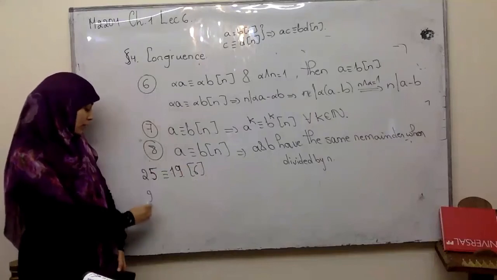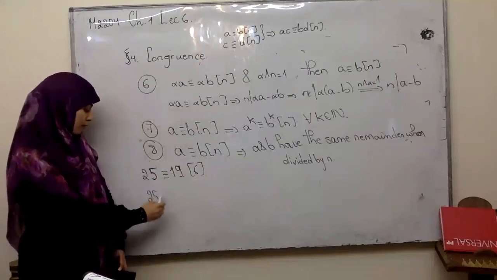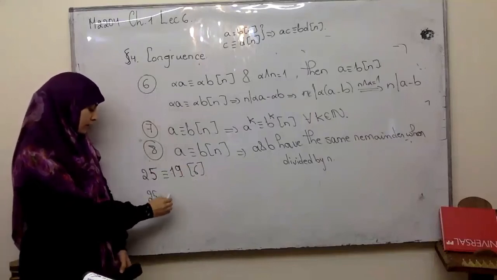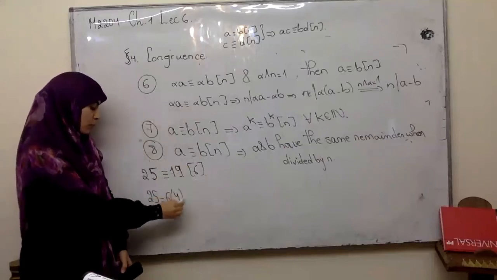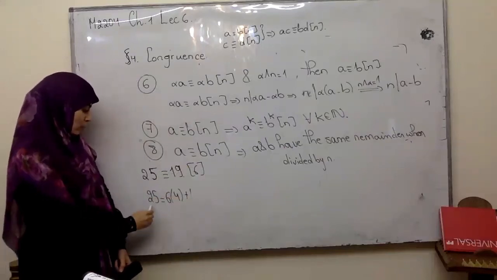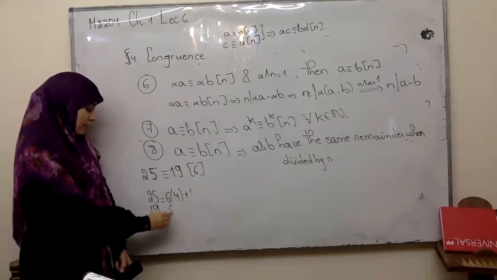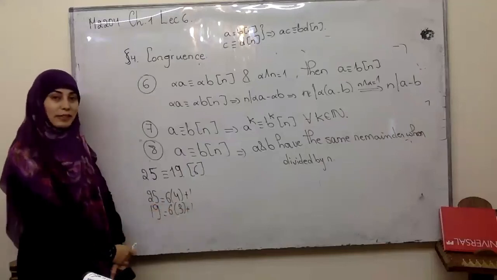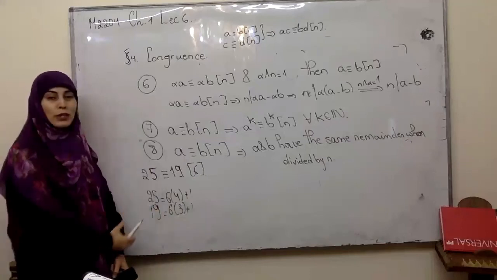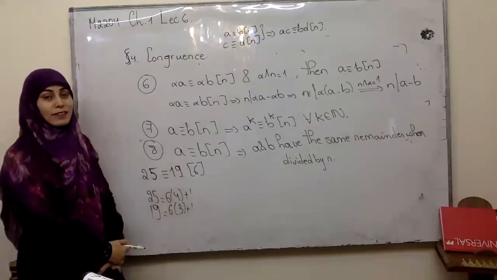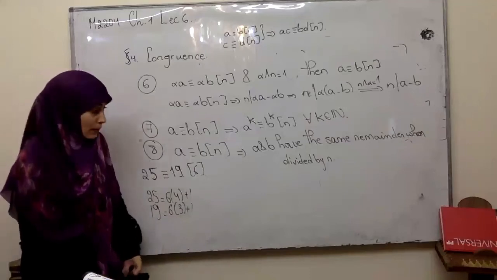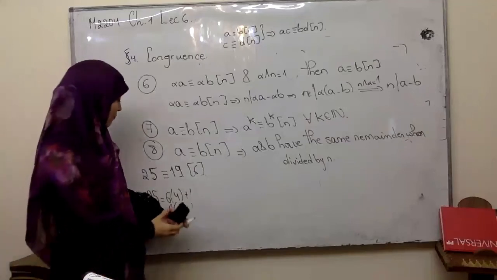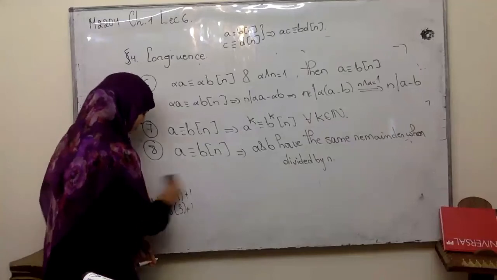And 25 is what? It is 6 times 4 plus 1 when divided by 6, and 19 is 6 times 3 plus 1, so they have the same remainder. This is for small integers. If the two numbers are very large, I can guarantee that they have the same remainder; it is a good result. Okay, let's do a proof for it.